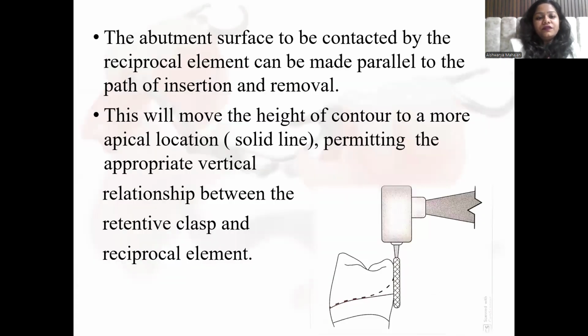The abutment surface to be contacted by the reciprocal element can be made parallel to the path of insertion and removal. This will move the height of contour to a more apical location, which we can see by a solid line, and permit appropriate vertical relation between the retentive clasp and the reciprocal element.